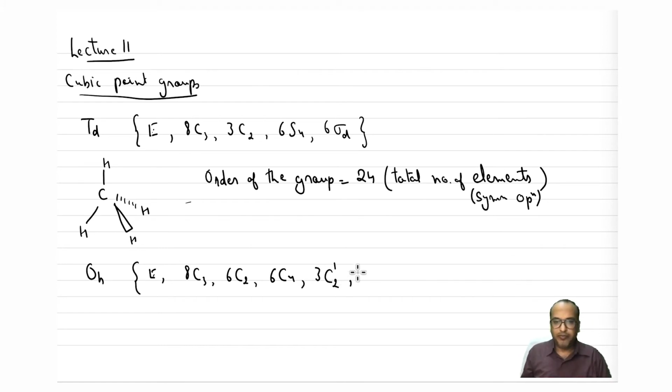We have i, 6 S4, 8 S6, then you have 3 sigma H and 6 sigma D. As you can see there is a large number and it is difficult to remember all the symmetry operations, unless you actually draw the molecule and try to identify all the symmetry operations.